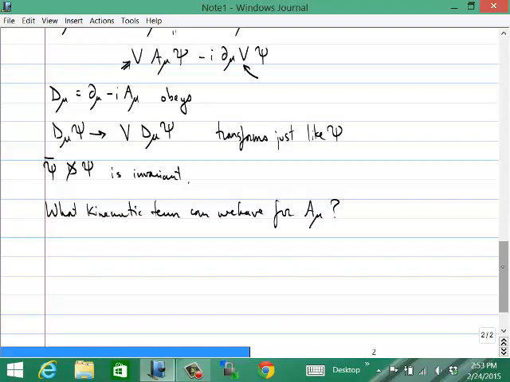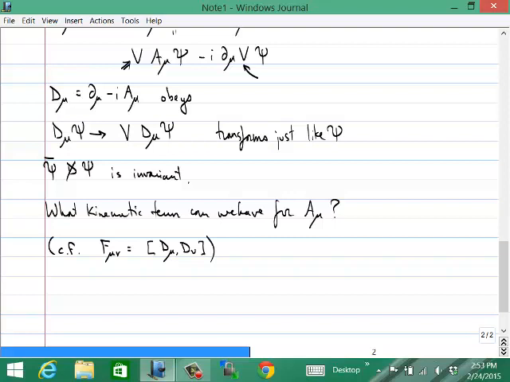So in order to think about this, let's just remember that in the case of electromagnetism, we had F mu nu, which was d mu A nu minus d nu A mu, but could also be written as the commutator of two covariant derivatives. And so it's natural to ask whether a similar sort of quantity could be constructed for this new type of gauge field.